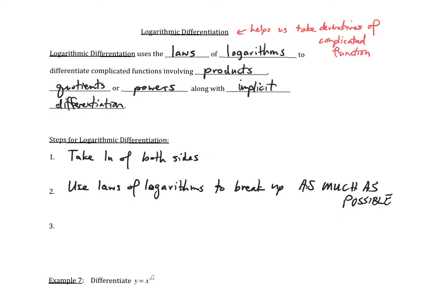The third thing you want to do is implicitly differentiate both sides of the equation. And then the last thing you want to do is solve for dy dx.